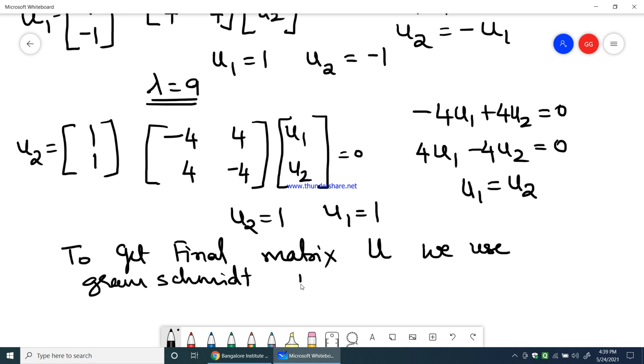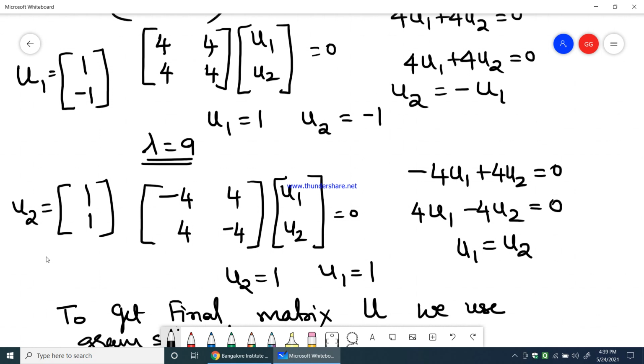So what the Gram-Schmidt process says here is you take the norm of u1 and u2. So it is nothing but root of 1 square plus minus 1 the whole square, which is equal to root 2. Here u2 also gets the same norm. If you see 1 square plus 1 square, which is again equal to root 2.